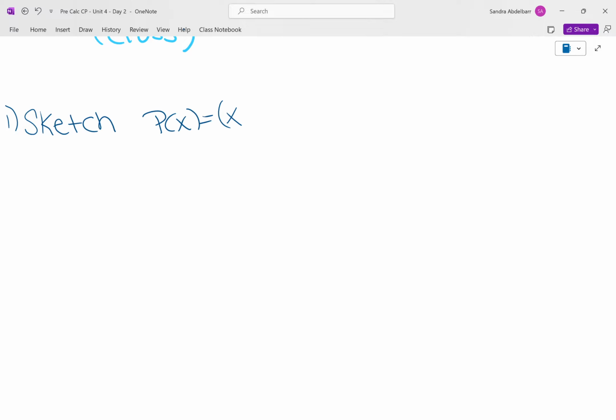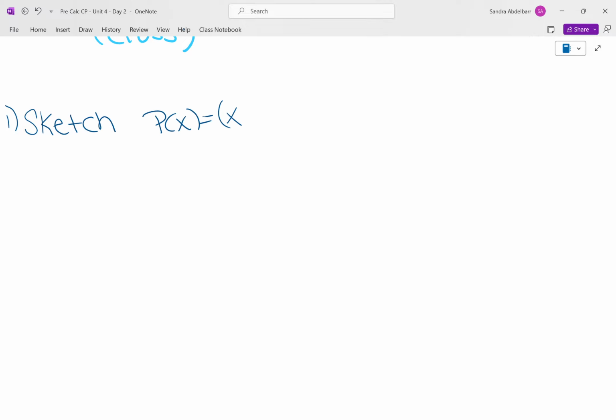Okay, so the first thing we're going to consider is the end behavior. The way we decide the end behavior is we look at the degree of the polynomial, but we have to look at the highest degree when it is expanded, meaning all multiplied out. I'm not going to actually have you multiply this all out.